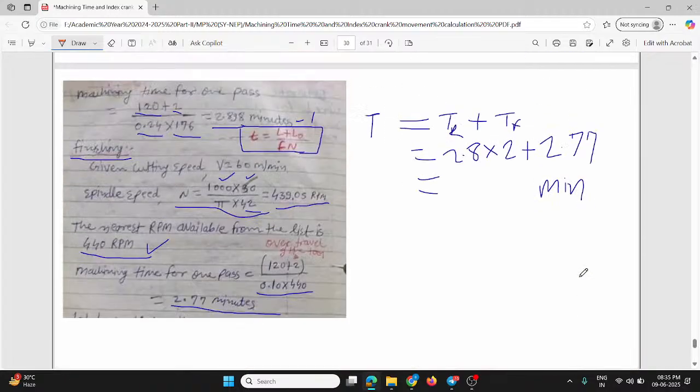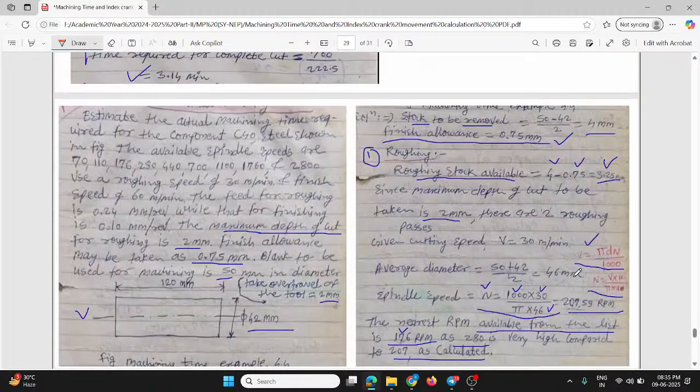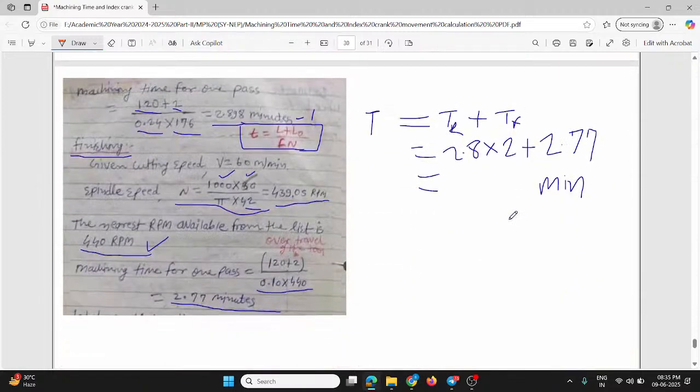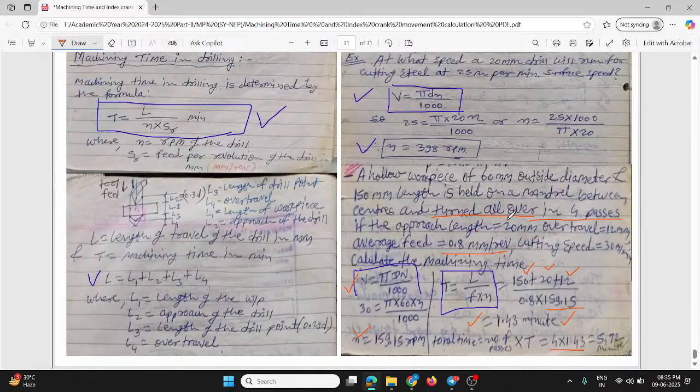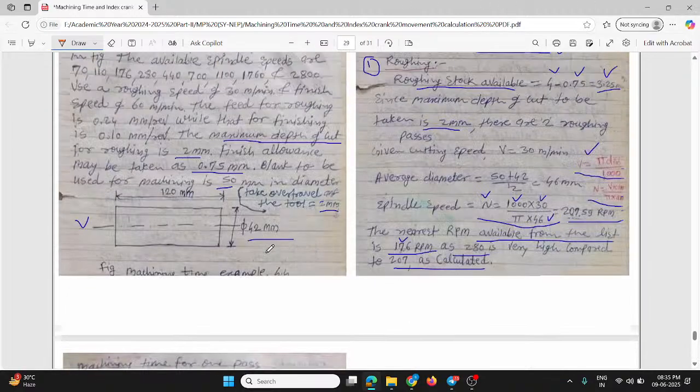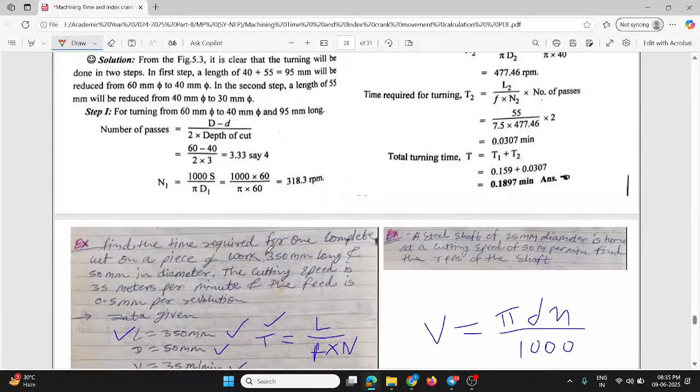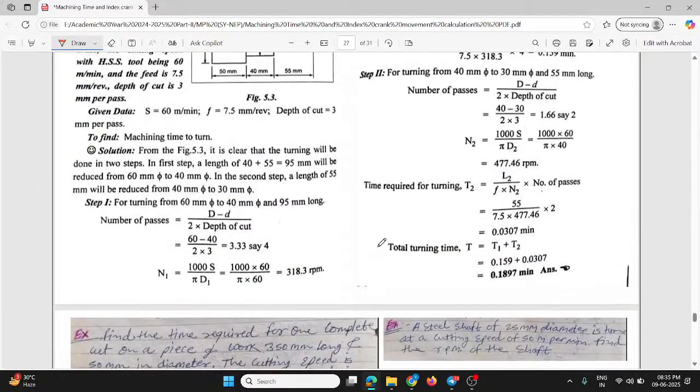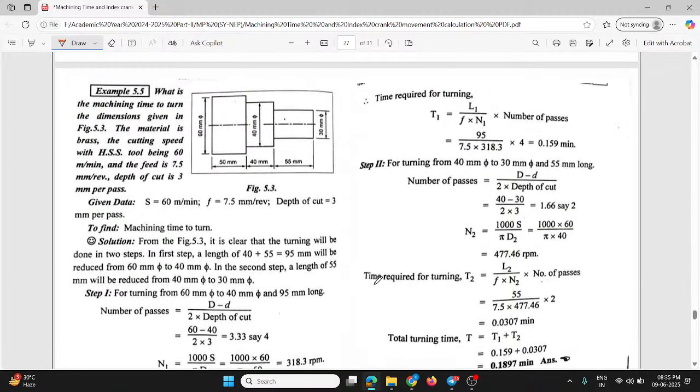Whatever numericals we have discussed, if you understand all these numericals, then up to this much depth the numericals may be asked in the university examination question paper. Any doubt in this? Such kind of numericals can be asked.